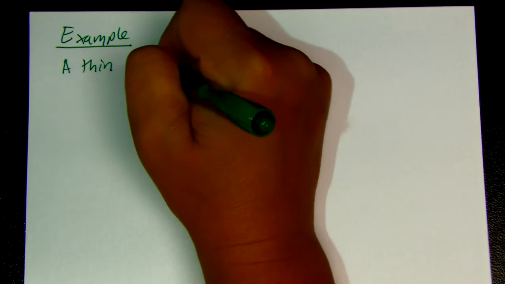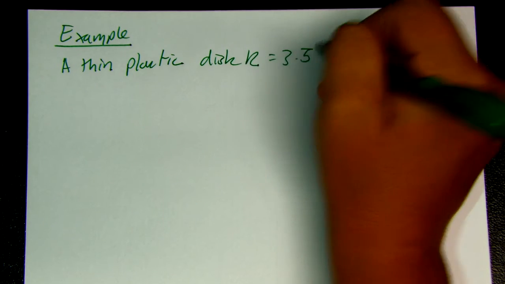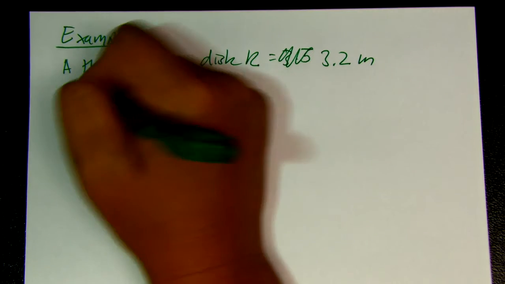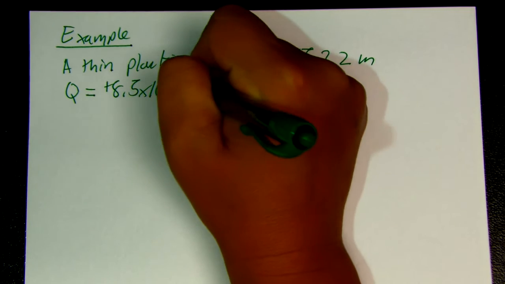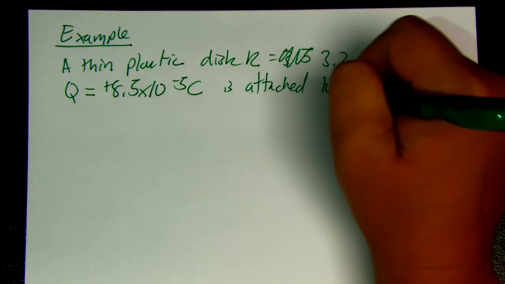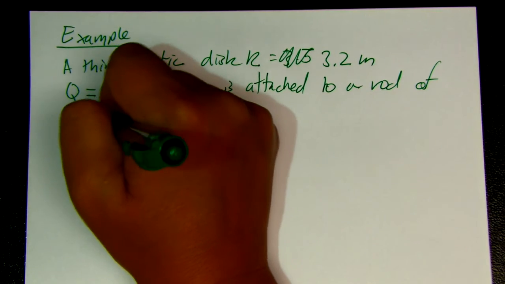All right, so looking at an example where we're going to use the superposition principle and the new shapes that we've learned. So we have a thin plastic disc with radius 3.2 meters, uniformly charged with charge equal to plus 8.5 times 10 to the minus 5 coulombs, attached to a rod of 9.5 meters.